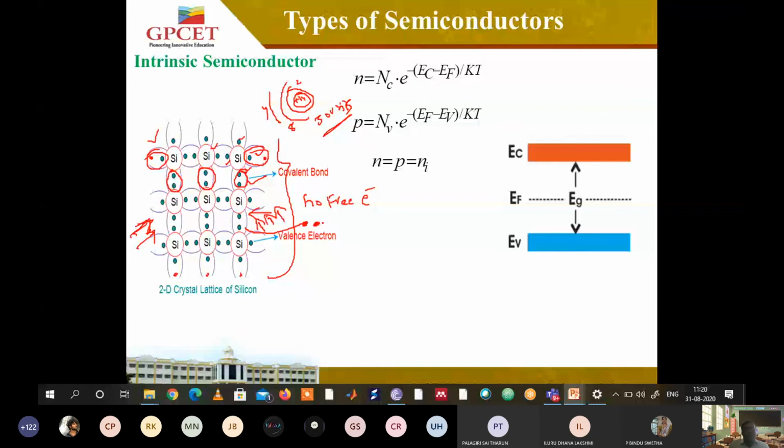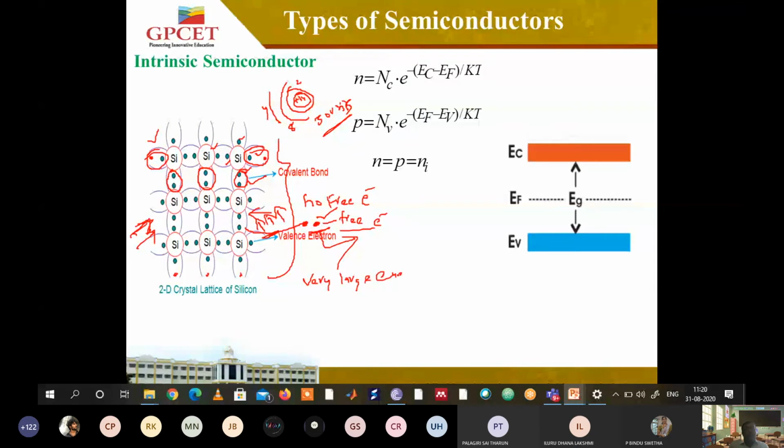Therefore, now the current exists with respect to this free electron only. Conduction takes place with respect to this free electron only. So at what energy do you have conduction in an intrinsic semiconductor? At very, very large energies.